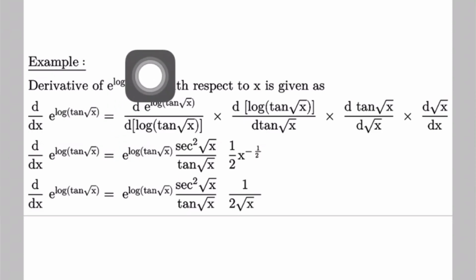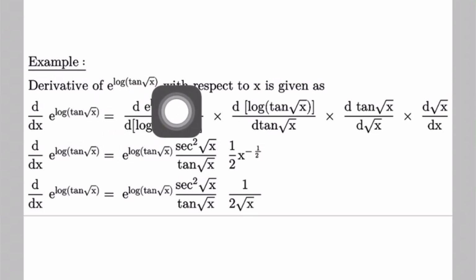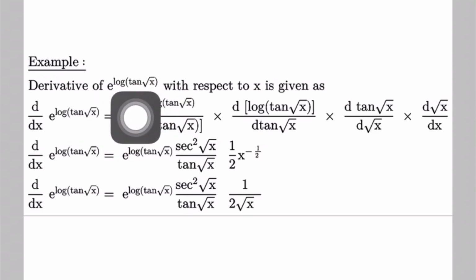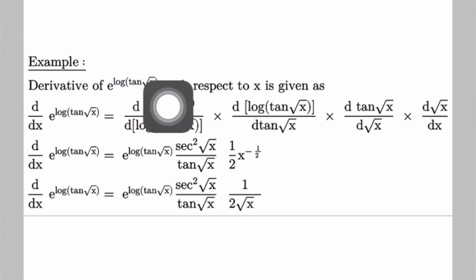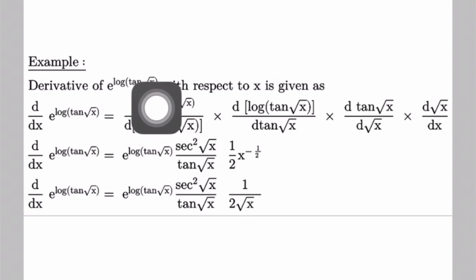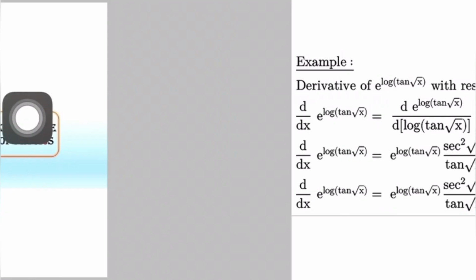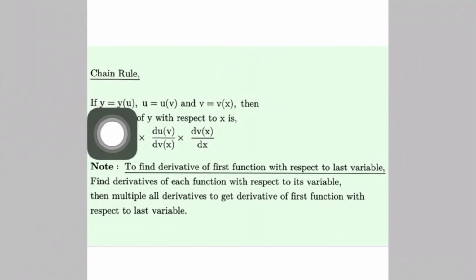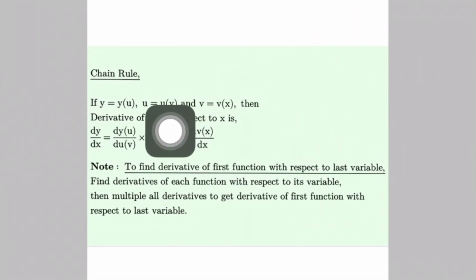But this function is not directly related to x, it is indirectly related to x. The first function is exponential, then log, then tan, then root x, and the last variable is x. You can also say here we have y, u, v.